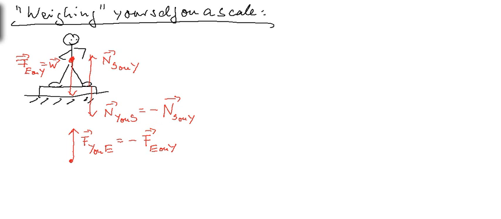Now, the one thing which is important to understand is that what the scale reads is proportional to the normal force that you exert on the scale. So the scale reads the normal force that you exert on the scale.